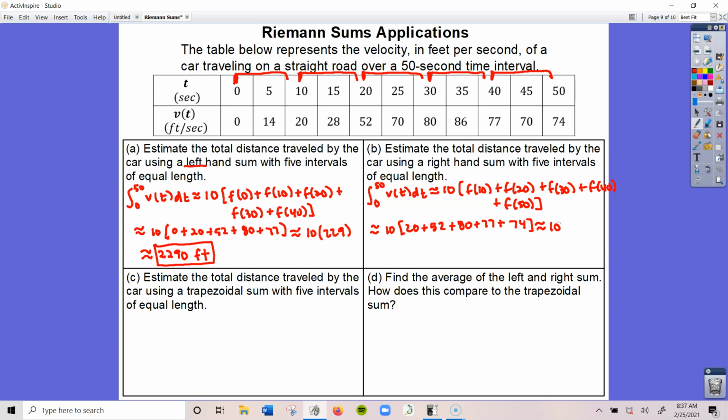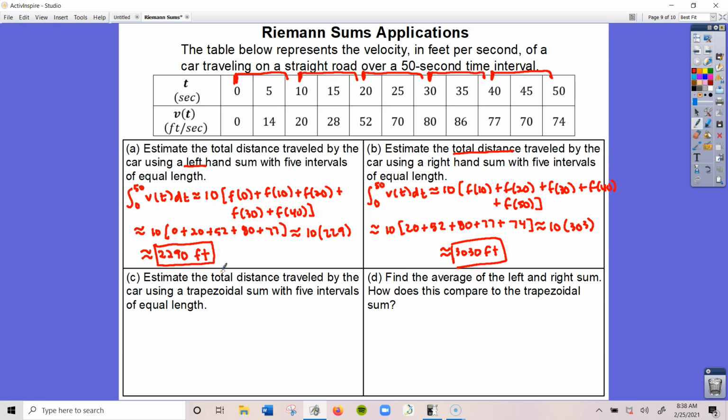If you add all of those numbers together, you would get 303. So my final answer would be 3,030 feet. Because again, we're estimating the total distance that was traveled, which is the position.